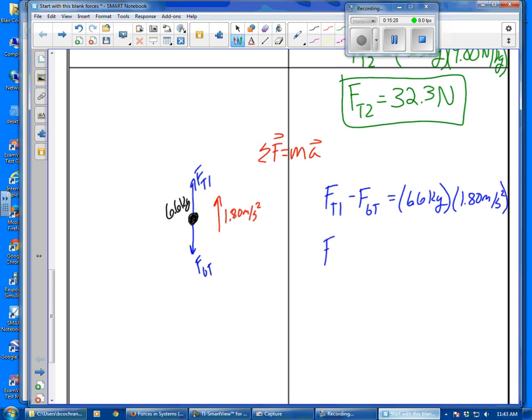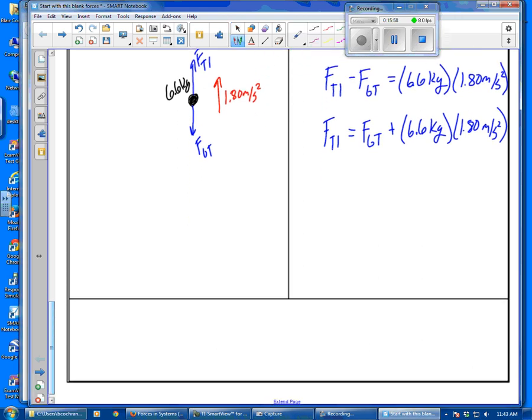So FT1 equals FGT plus 6.6 kilograms times 1.80 meters per second squared. And from doing the earlier one, I know the total weight of the system, right?